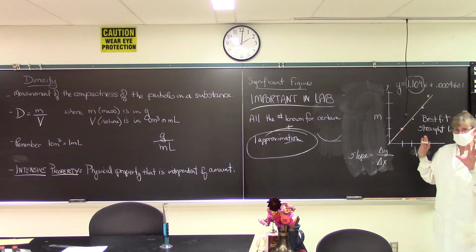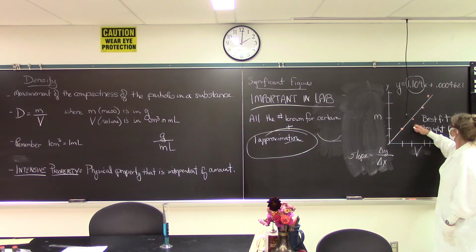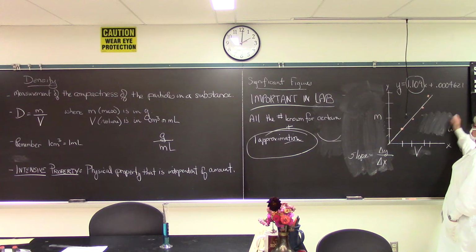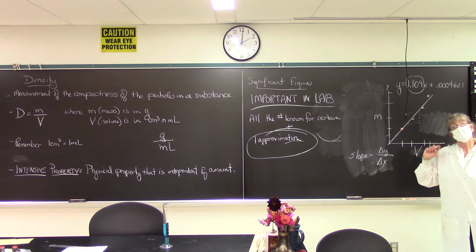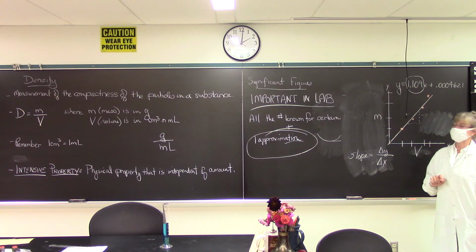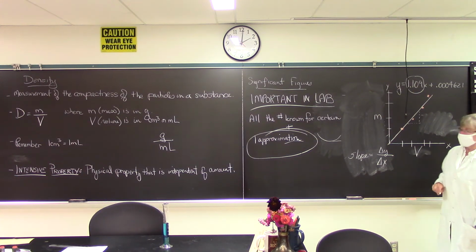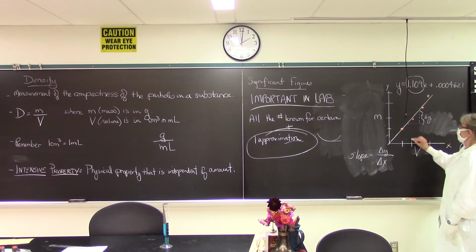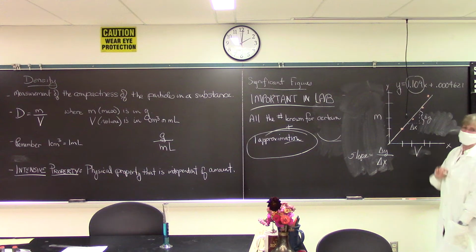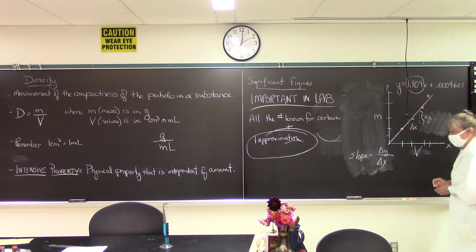So I'm going to choose 2 points, if I'm doing this without a computer, that are not data points. 2 points on that line. I'm going to find the delta y, and I'm going to find the delta x. Rise over run. That'll give me the slope.